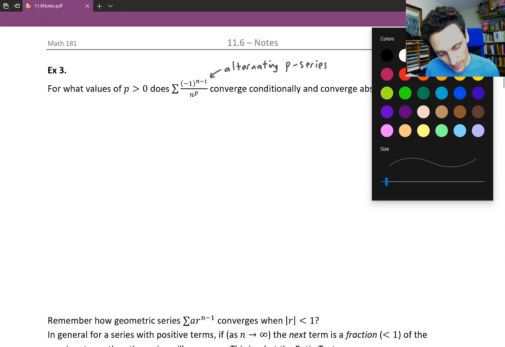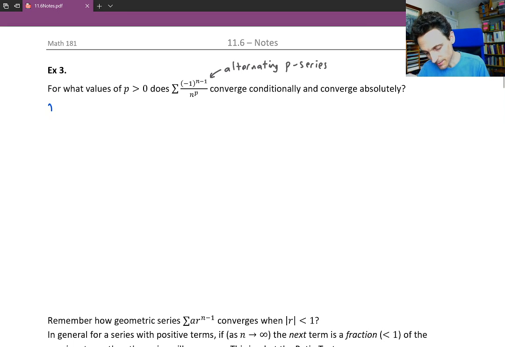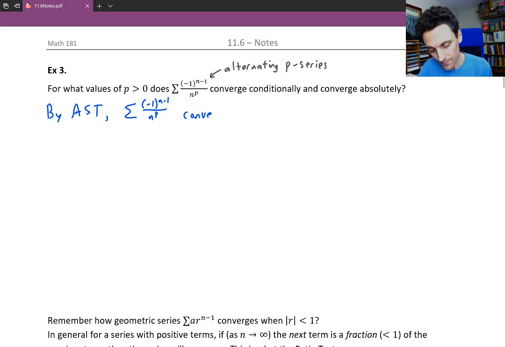It's like a 1 over n to the p. Well, by the alternating series test, that's maybe the first thing that comes to mind when you think about an alternating series. By the alternating series test, this series will converge for all those positive p-values.